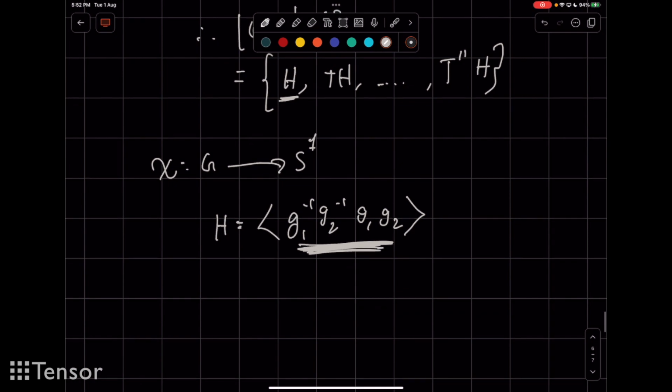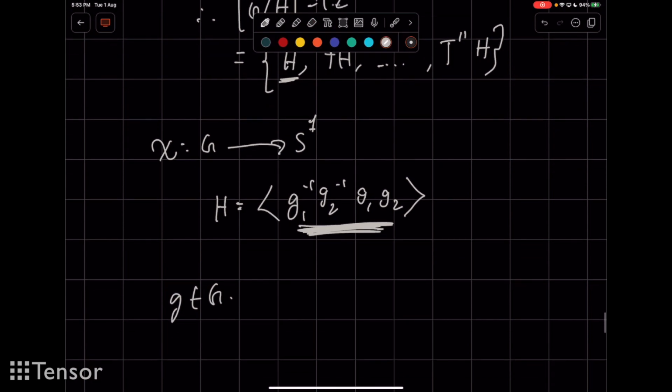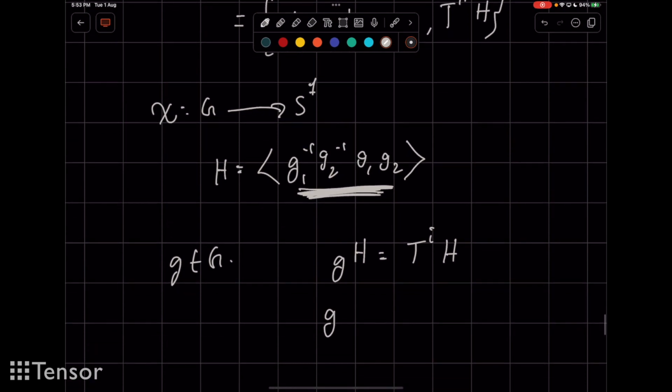Now, if we take any x from G, let's call it small g, then the coset gH is equal to some t to the i h, right? So that means t to the minus i times g is in H, right?